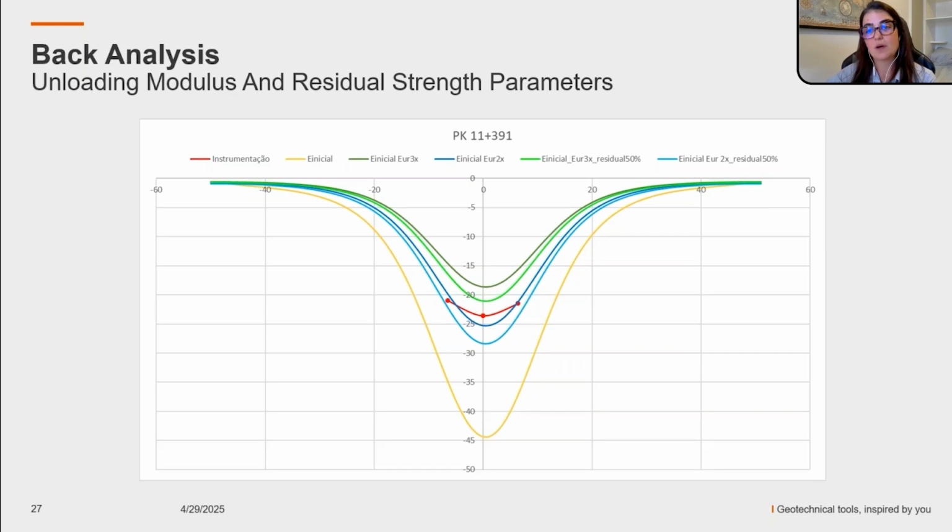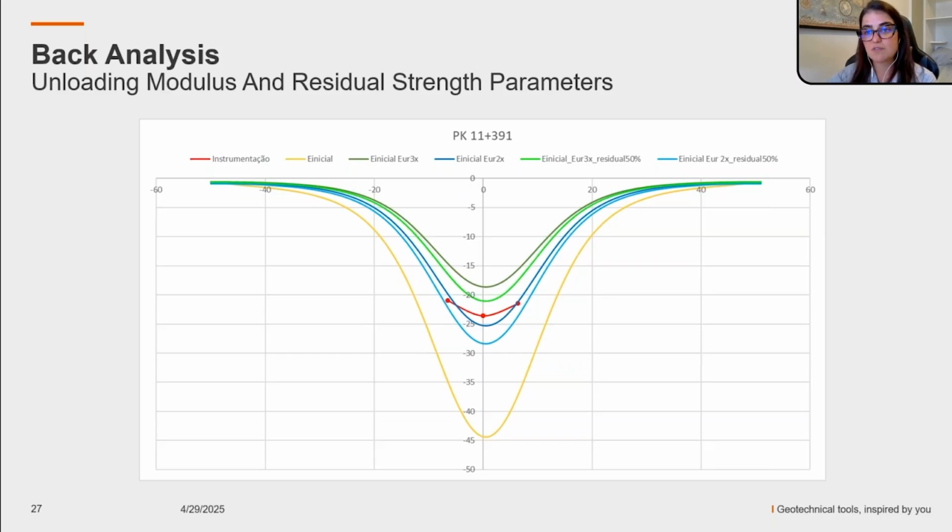Here's an example of how changing the unloading modulus and the residual cohesion can impact the settlement curve. In red, in the picture, we have the monitored points from the field. In yellow, we have the results from our initial analysis, without considering unloading and residual parameters.